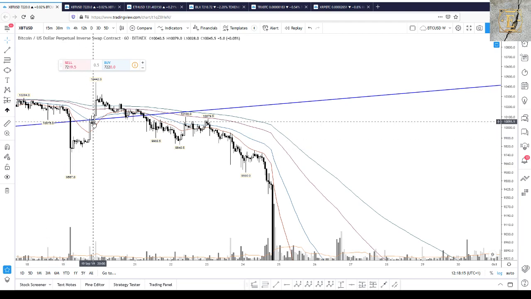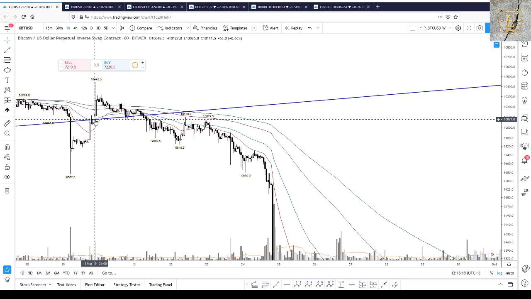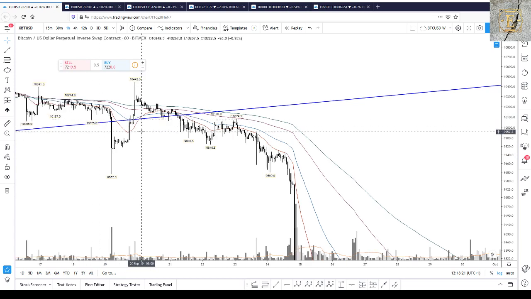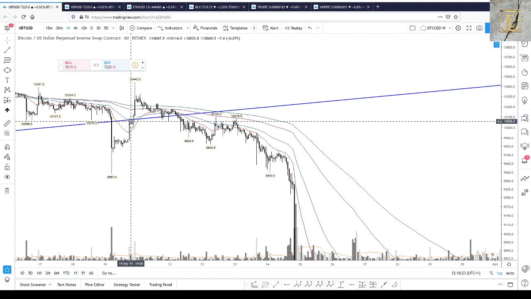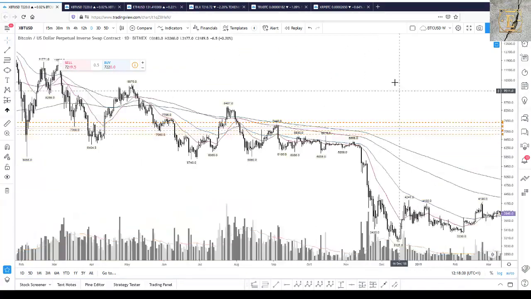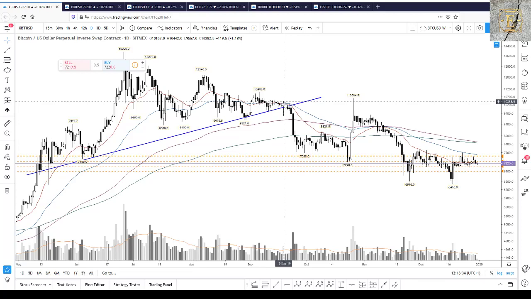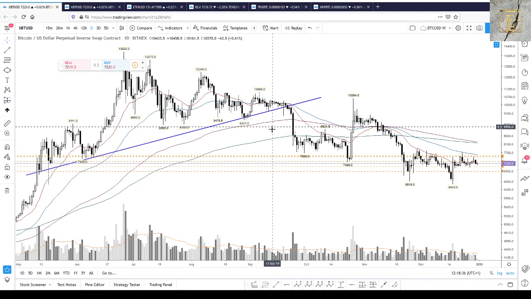So at least you need to understand there's going to be a pullback over here. Okay, and that usually happens. And if you switch to the daily again, you can see the price finally closes over the trend line.